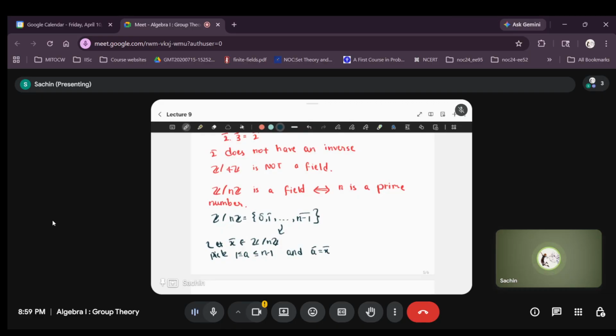See, this is simply notation for the equivalence class of X, and the equivalence class of 1 will be the same as the equivalence class of n plus 1. This will be the same as the equivalence class of 2n plus 1, right?